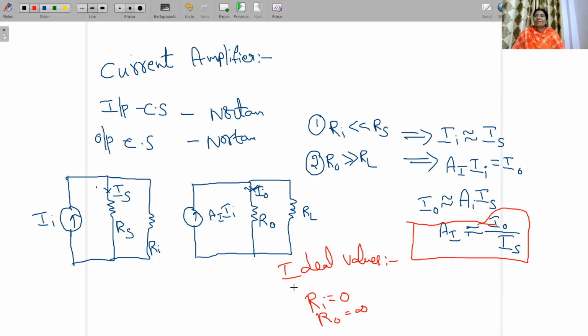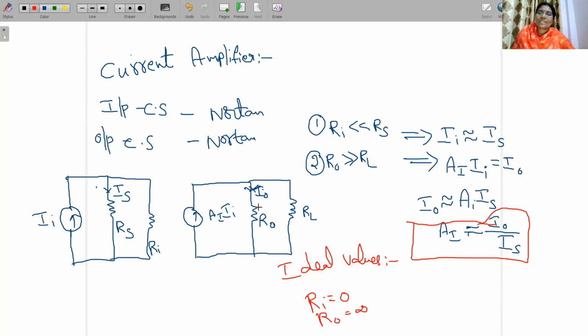Any doubts in the current amplifier, ma'am? So current amplifier means on both sides we use current sources. This is the current source, this is also the current source. This is Rs, in parallel with Ia. Here AI into Ia is in parallel with R naught.